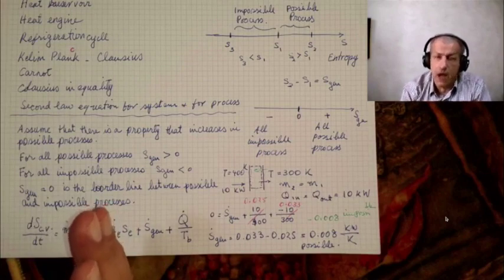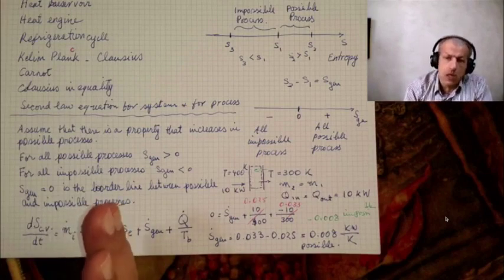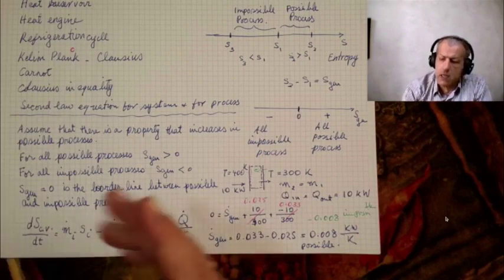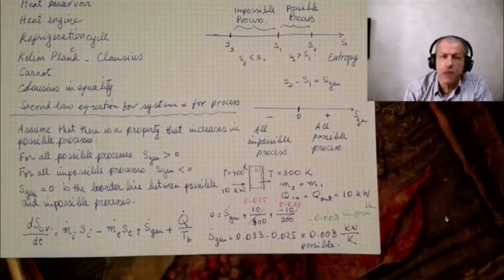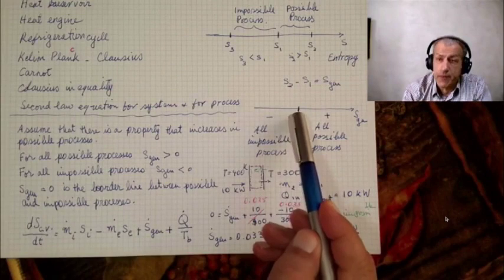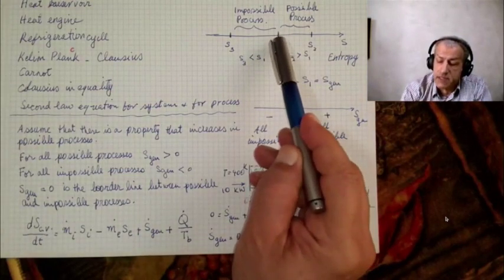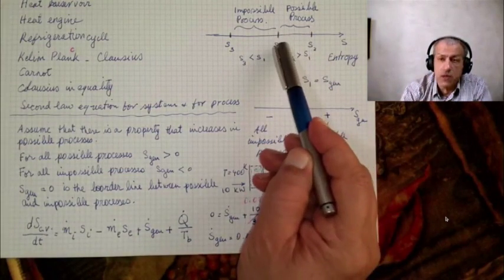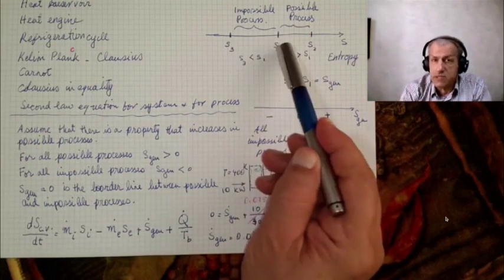Now, what we should do is return to the axis I drew and talk a little more about this place, and the process where S2 equals S1 and S3 equals S1.